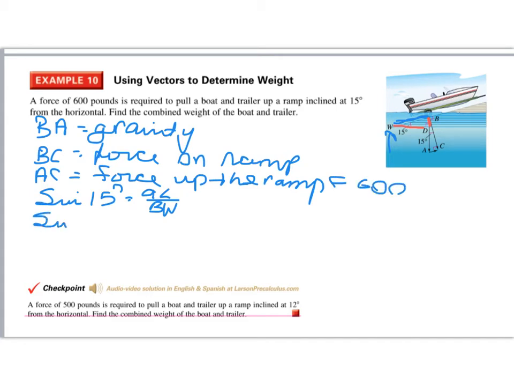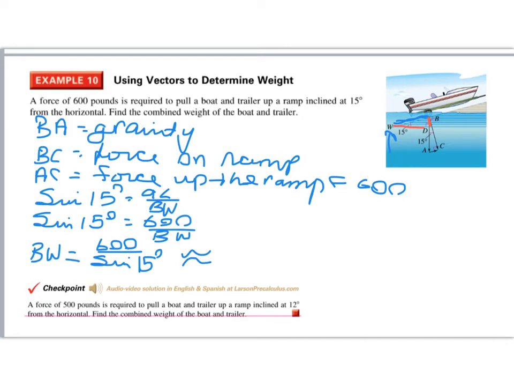So the sine of 15 degrees is equal to 600 over BW. Now, when we cross multiply and all that, we get BW is equal to 600 over the sine of 15 degrees. When you plug that in your calculator, you end up with approximately 2,315 pounds, weight, of how much weight you have.